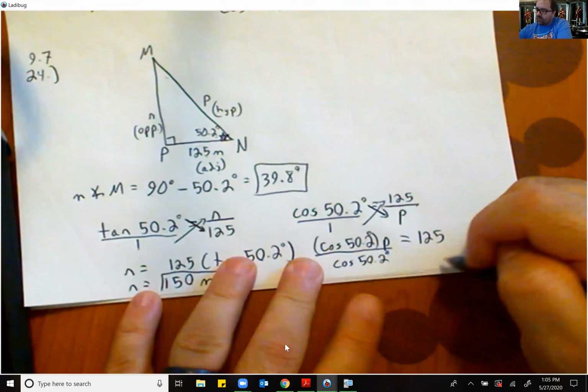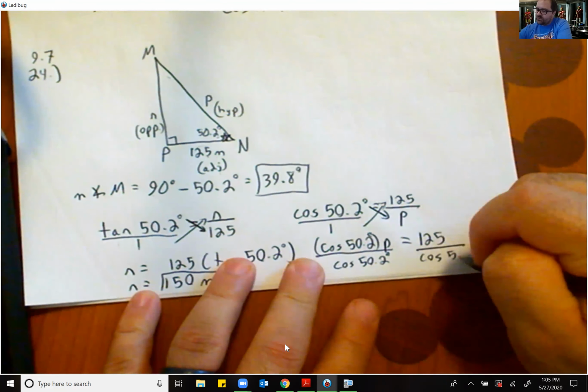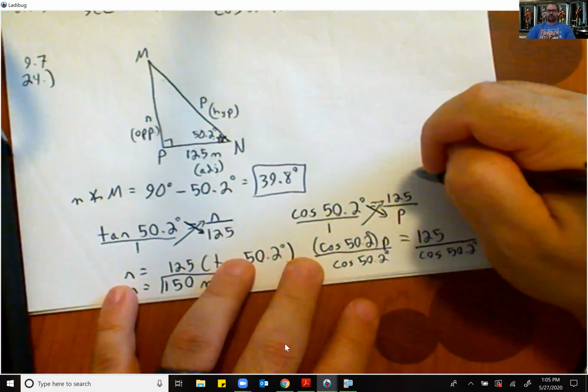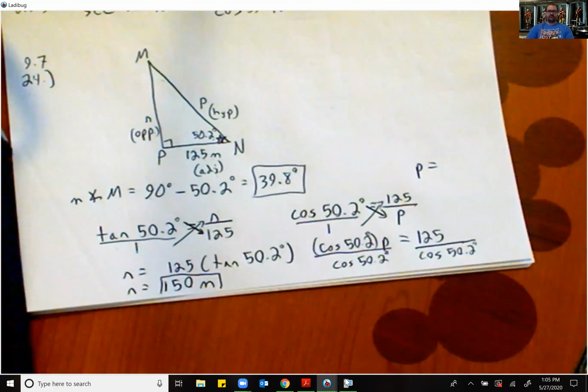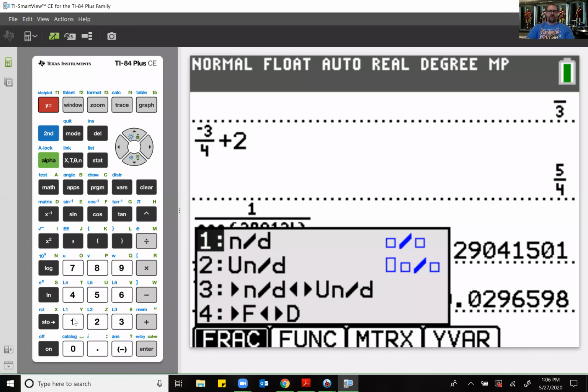We're going to divide over here by cosine 50.2 degrees. And so now P will equal, go to our calculator, alpha y equals 125.